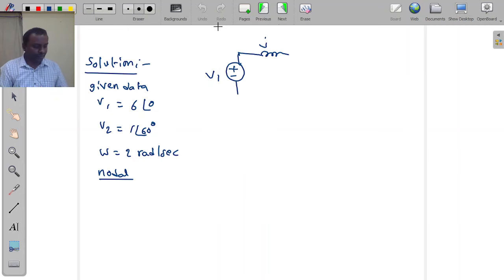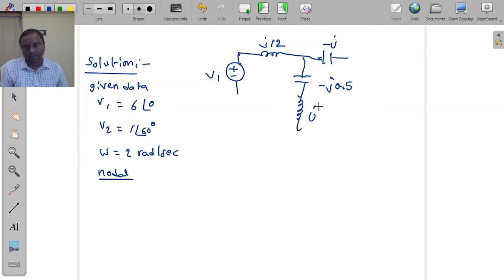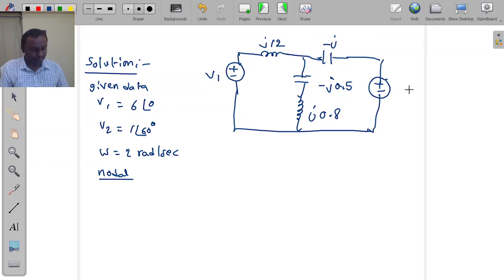So J12, J1, J1, minus J0.5, J8, V2. This is I2, let's assume this is I1.